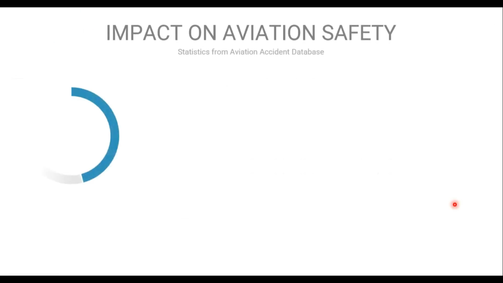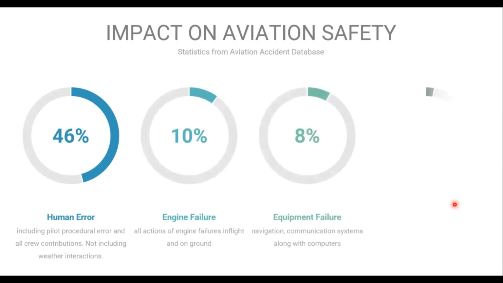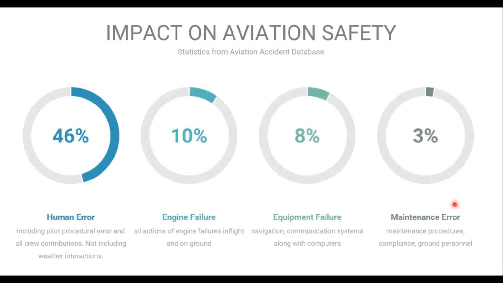Okay, so the impact on aviation safety: we say that 46% of the failures come from the human. So whenever I have any discrepancy on board the aircraft, the pilot takes a wrong decision, or the maintenance personnel didn't take the correct procedures, and this led to the aircraft falling down.